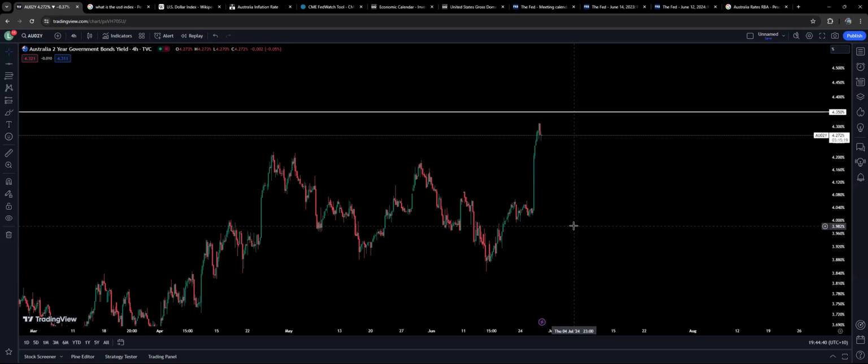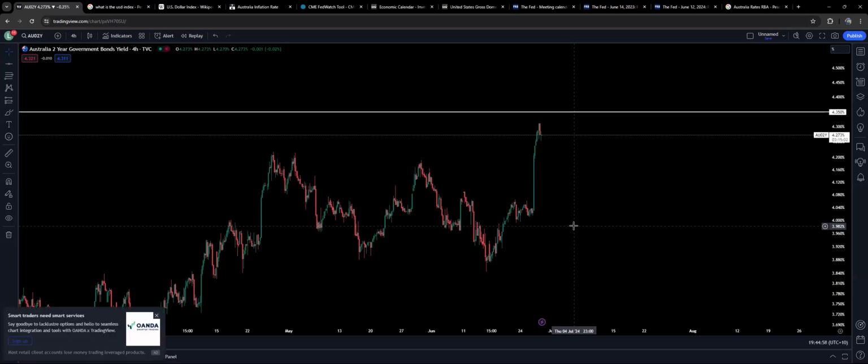Look, the timing of this data is critical, okay, and it's coinciding with a planned fiscal stimulus from the government as well. Michelle Bullock has emphasized the need for more comprehensive inflation information before making a final decision. With no RBA meeting in July, the next key data point will be the Q2 CPI release on July 31st.